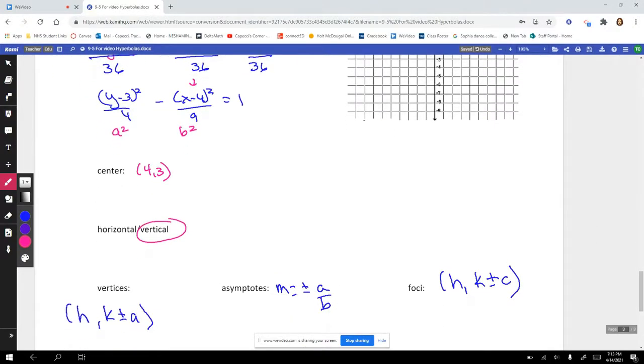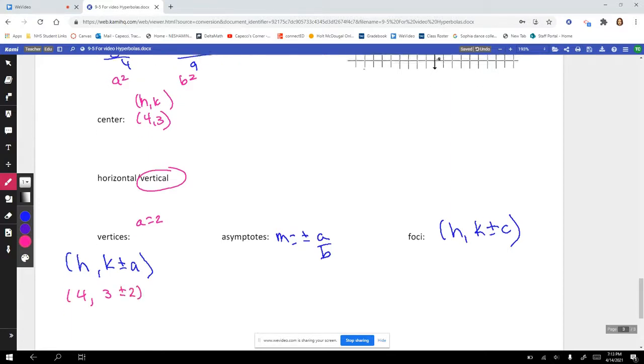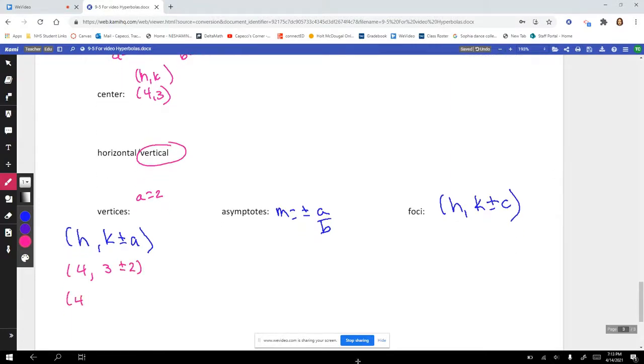We know my a value is equal to 2, right? And our center, remember this is h, k. So h is 4, k is 3, plus or minus 2. So that gives me 4, 5, and 4, 1.